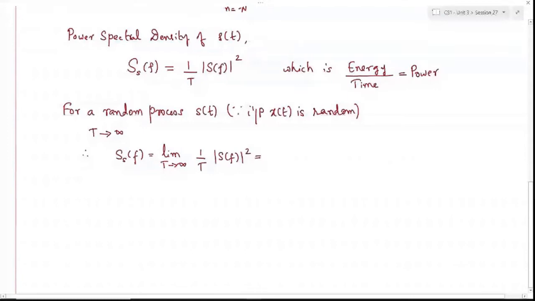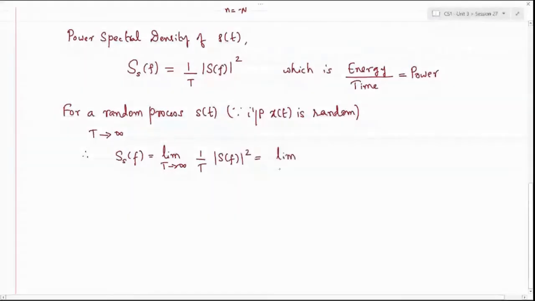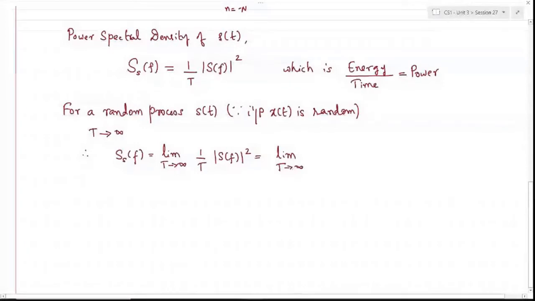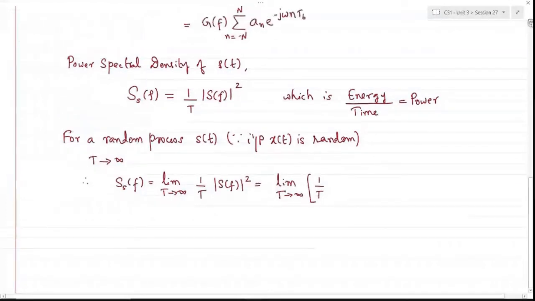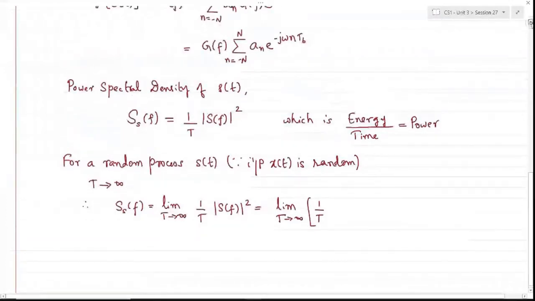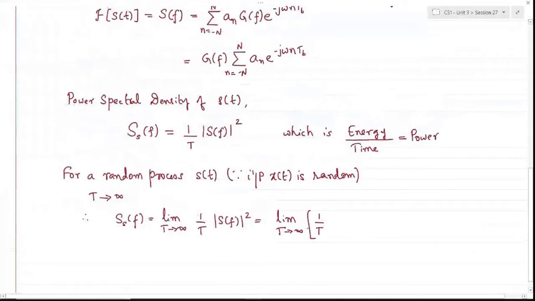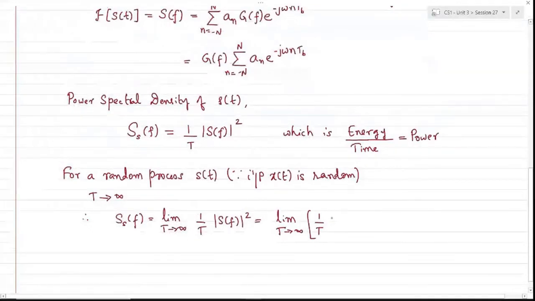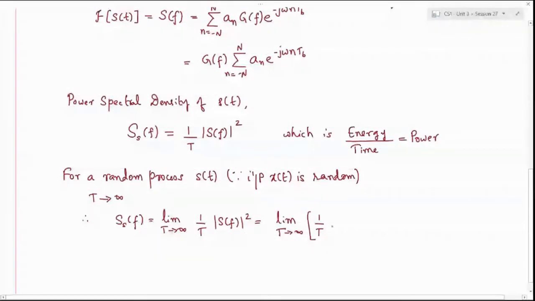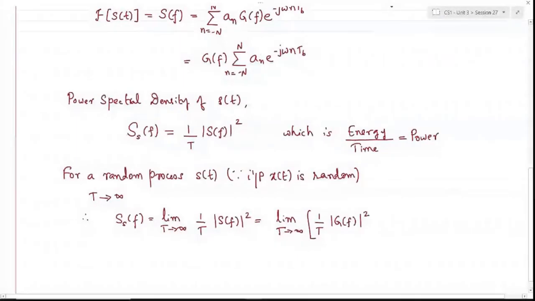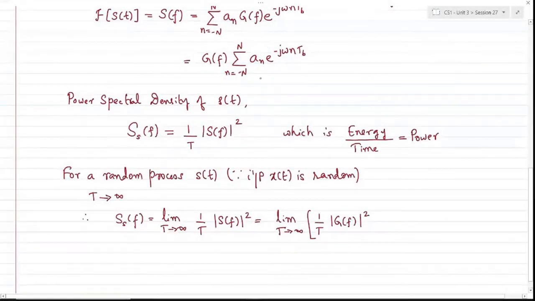So just substituting the magnitude of that, 1 over T, S of f that we have written earlier. S of f is this factor. So substituting from that, if I take the magnitude, magnitude of G of f the whole square. And the magnitude of this summation, as I have told, this a n is a random sequence.